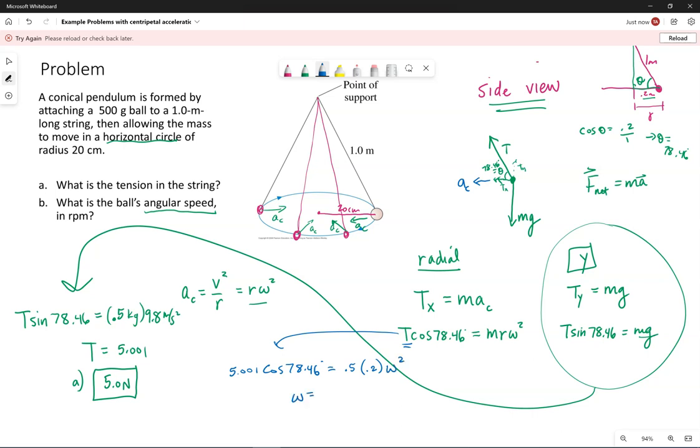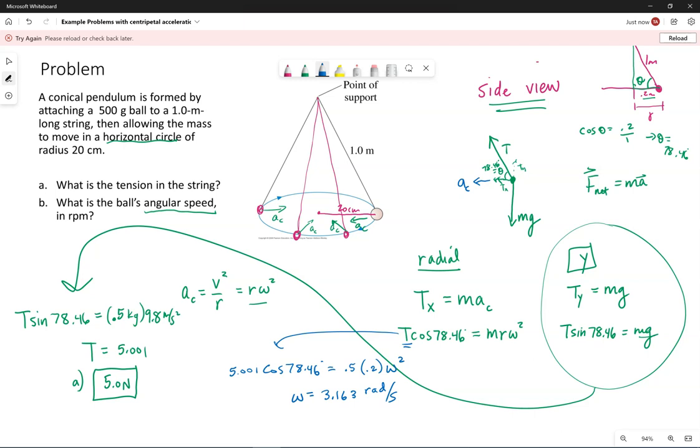So I can solve for omega here. I'm getting an omega of 3.163, and the units on this will be radians per second.